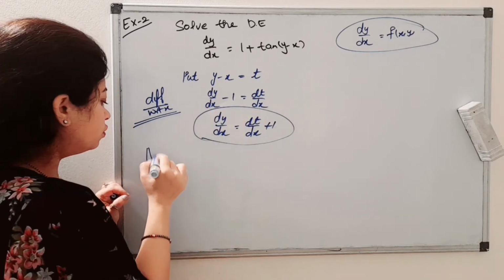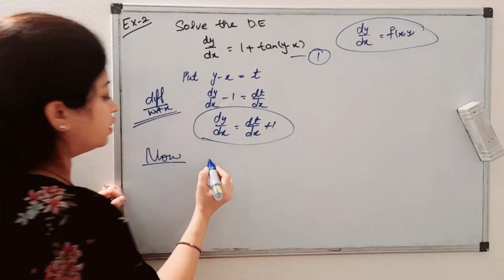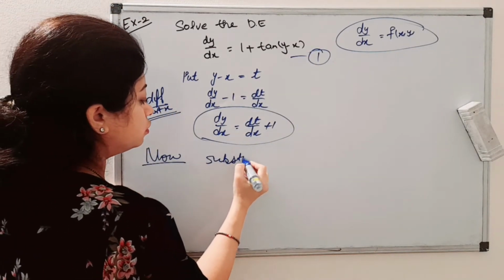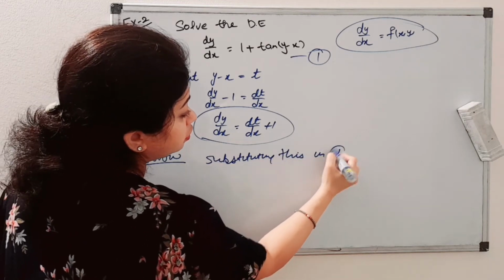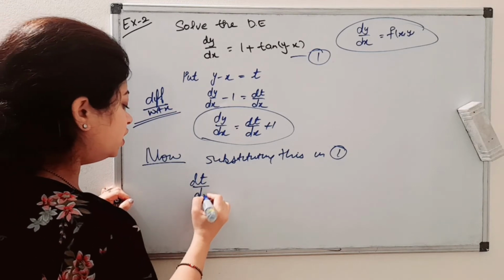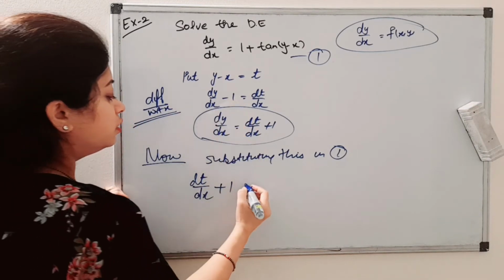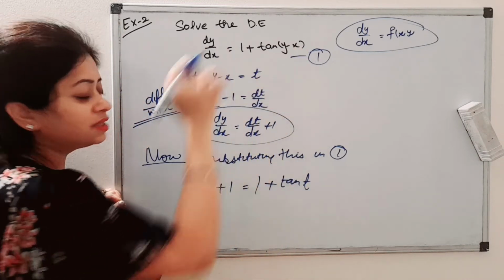Now substituting this in equation number 1: dy by dx, which is dt by dx plus 1, is equal to 1 plus tan of y minus x, and y minus x is t.